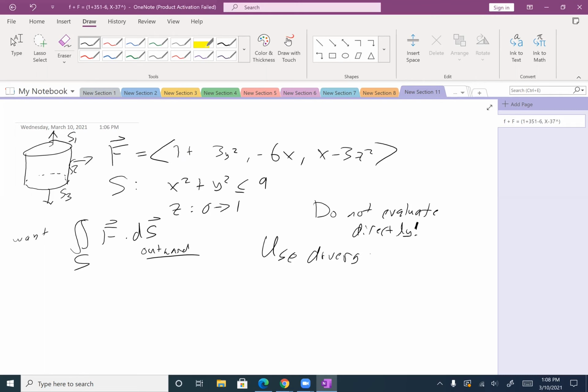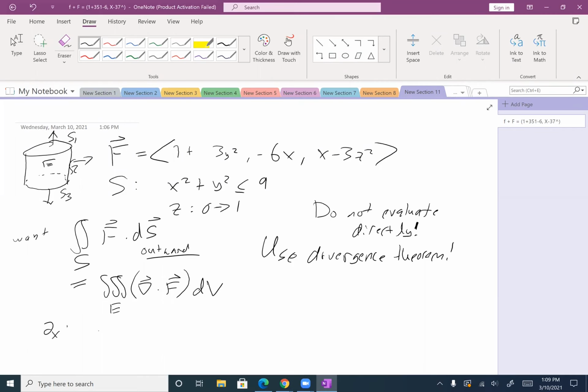That would take me quite a bit of time to do. So we'll just call that interior E, like they like to do. So the triple integral of del dot F dV. Okay, so the divergence is a lot simpler.